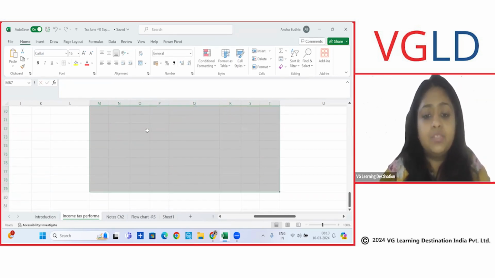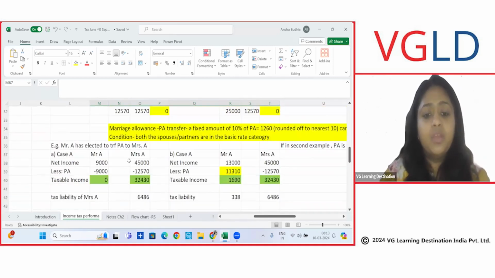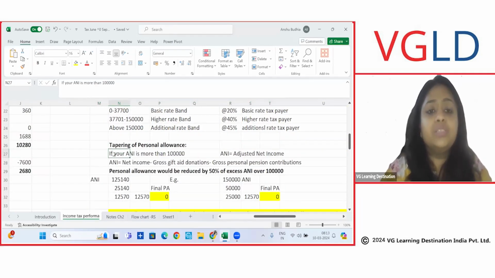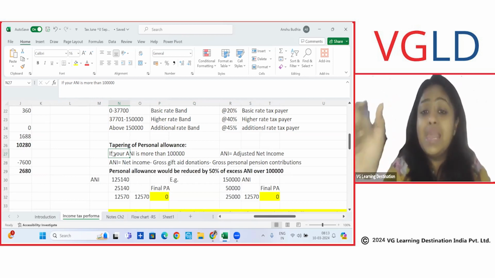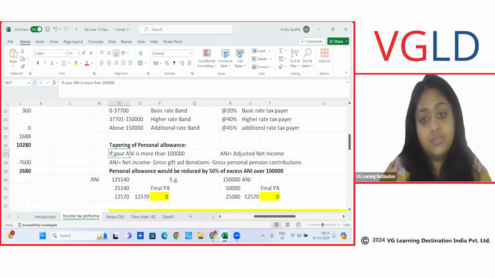Okay, I repeat. Now let's go back to the formula. The formula says if your adjusted net income is more than 1 lakh, then the PA will be tapered or reduced. Adjusted net income is the net income less gross gifted donations, less gross personal pension contributions. I will do a question to make you understand that also.